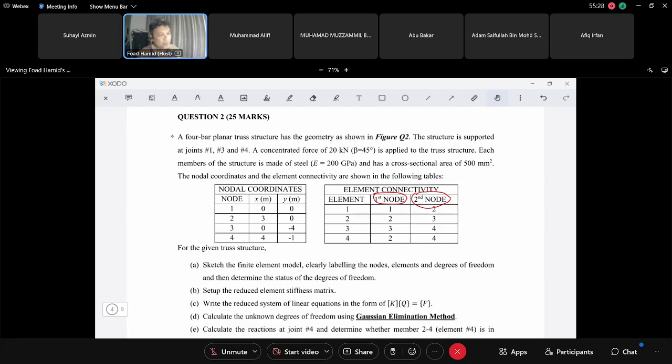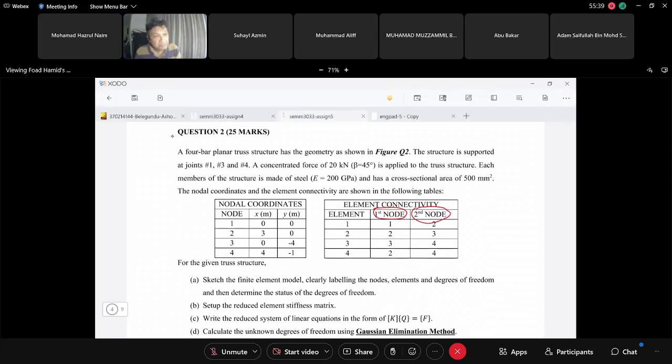Why do we need the node numbers? The local node number. Why do we need that? Anybody? Nobody? To find the global matrix. For the global stiffness matrix. Before that, before the global matrix.